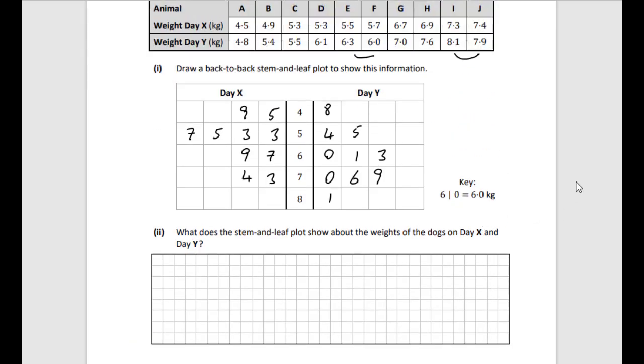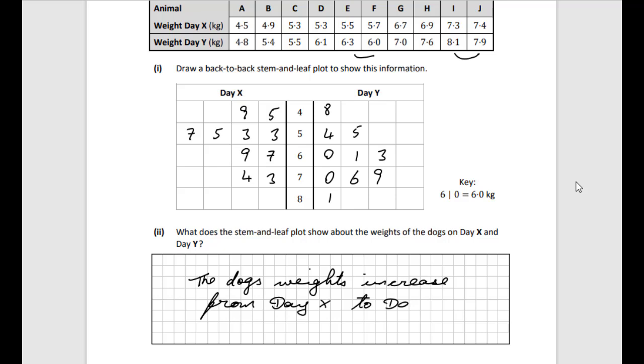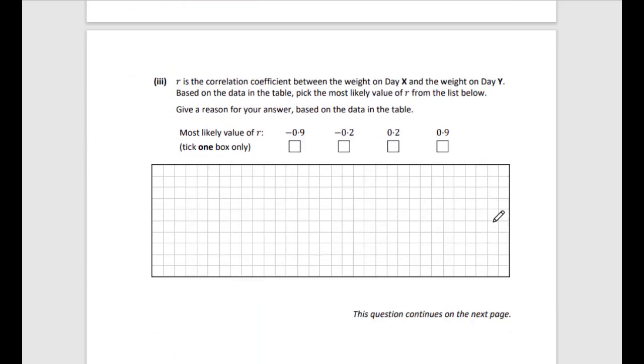So it shows that the dogs' weights increase, so they gain weight. All the dogs gain weight, in other words. Okay, let's see the next one then.